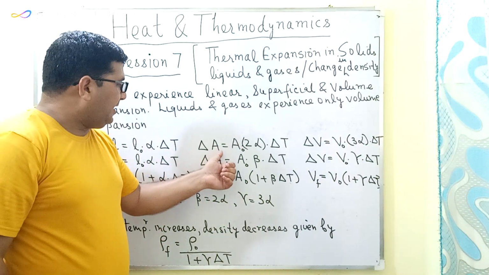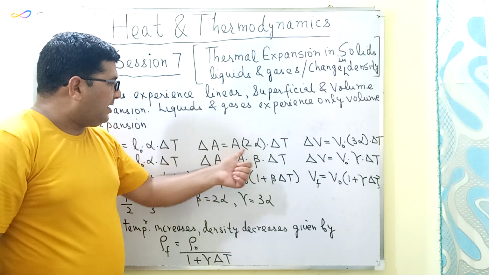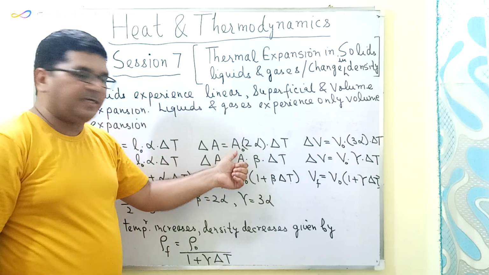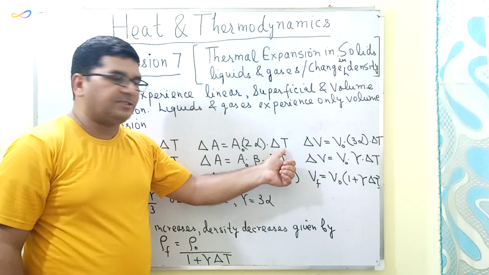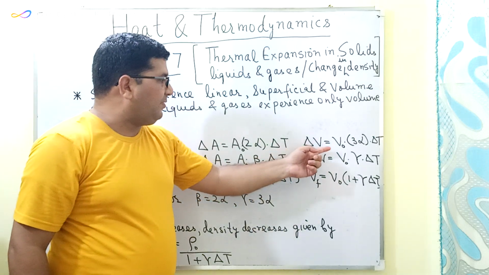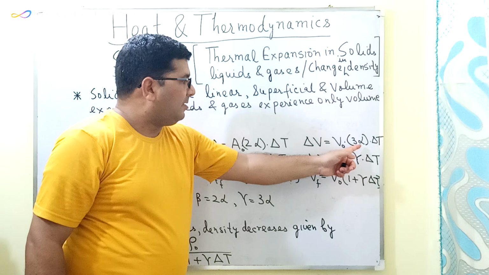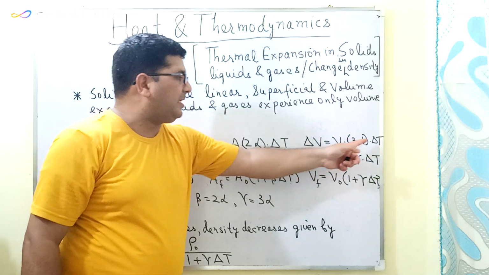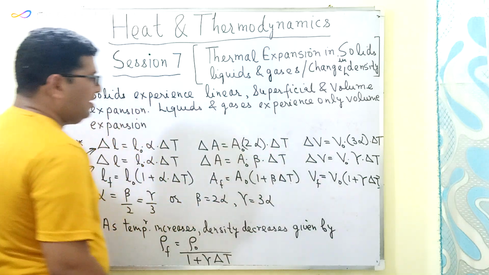And delta A is equal to A naught 2 alpha delta T, where alpha is again the coefficient of linear expansion, A naught is the original area, delta A is the change in the area and delta T is the change in the temperature. Similarly, delta V was equal to V naught into 3 alpha into delta T, where V naught is the original volume and delta V is the change in the volume.